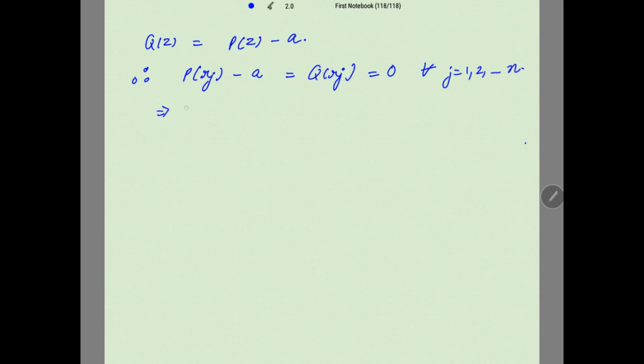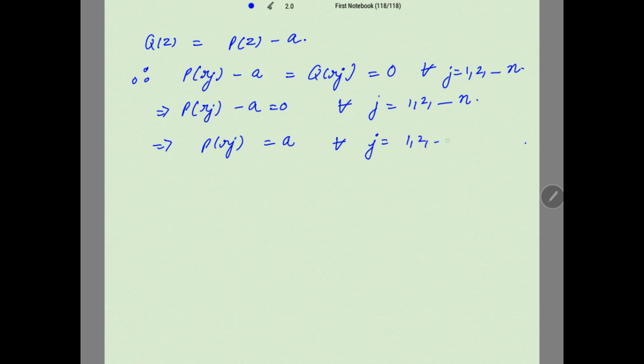Which implies P(rj) minus A is equal to 0 for all j from 1 up to n, which implies P(rj) is equal to A for all j from 1 up to n. That means P(r1) is equal to P(r2) is equal to P(r3), and so on, equal to P(rn), which is equal to A.